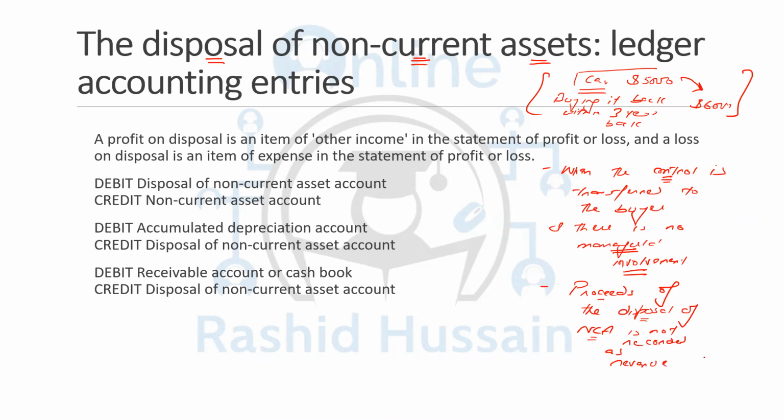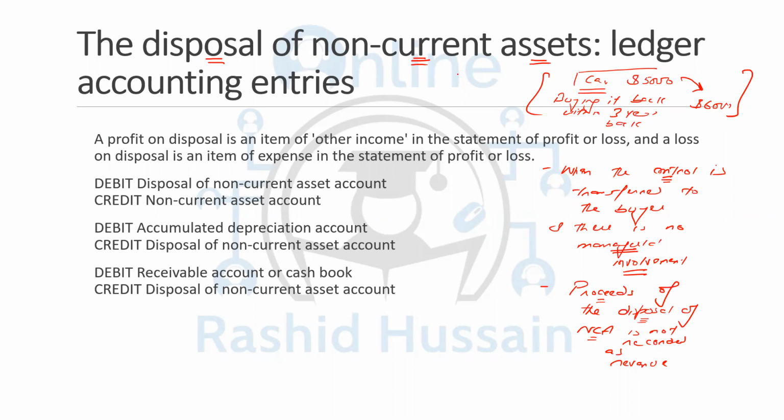This is something very important to understand as well. When we sell the asset and we get the proceeds, which is the cash, this is not the revenue, because the revenue is the income from the ordinary activity of the business. Whenever we are selling the inventory in the ordinary activity of the business, that is known as the revenue. So don't ever record the proceeds of the disposal of the non-current asset in the revenue. If in the exam question they have done so, then you need to remove it from the revenue.